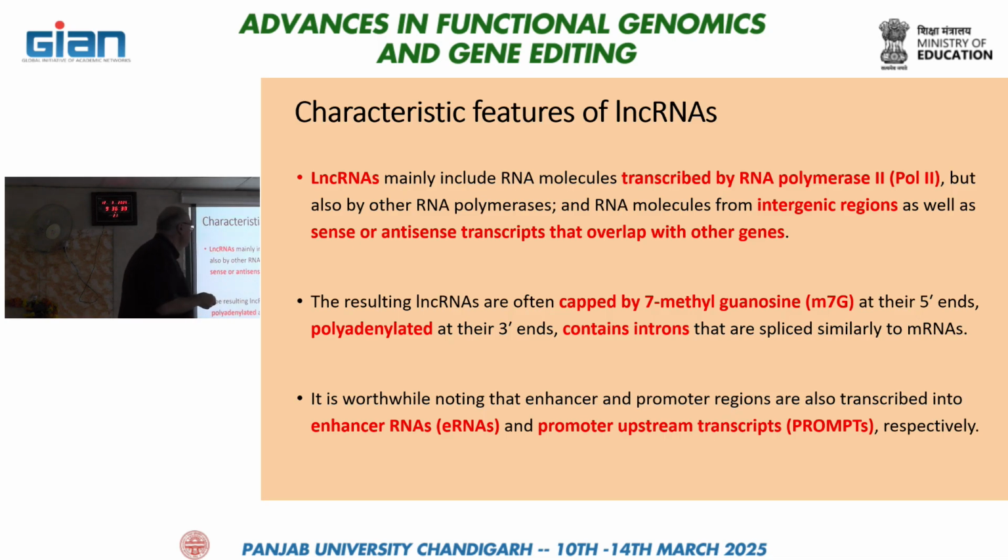Because in most cases they are transcribed by RNA polymerase II, they are capped by 7-methyl guanosine at their 5' ends and polyadenylated at their 3' ends. You know what the cap is? A special structure at the 5' end of mRNA, and poly A is a special structure at the 3' end.